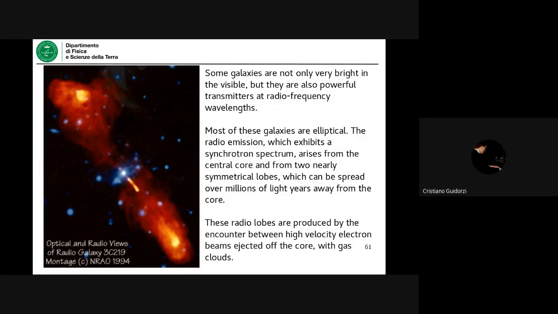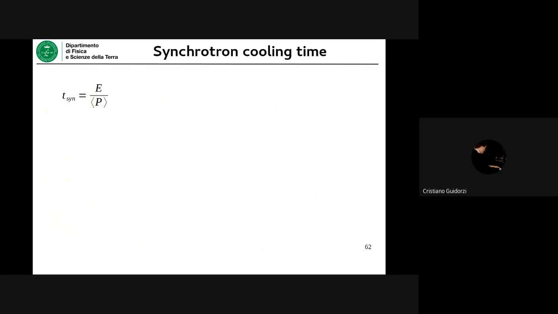This is a typical image in radio bands. You see two very bright lobes, which are just due to synchrotron radiation. So very energetic particles, in this case electrons being accelerated by the inner engine lying within the galaxy center, and at some point they emit synchrotron emission.